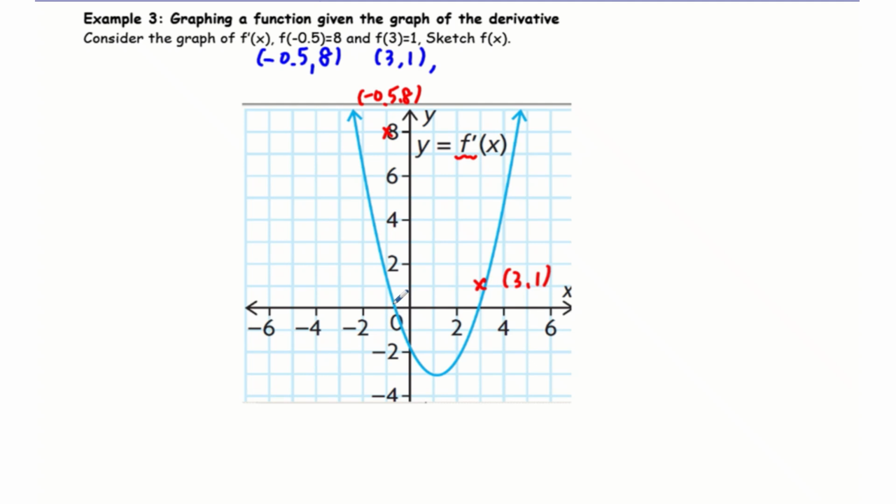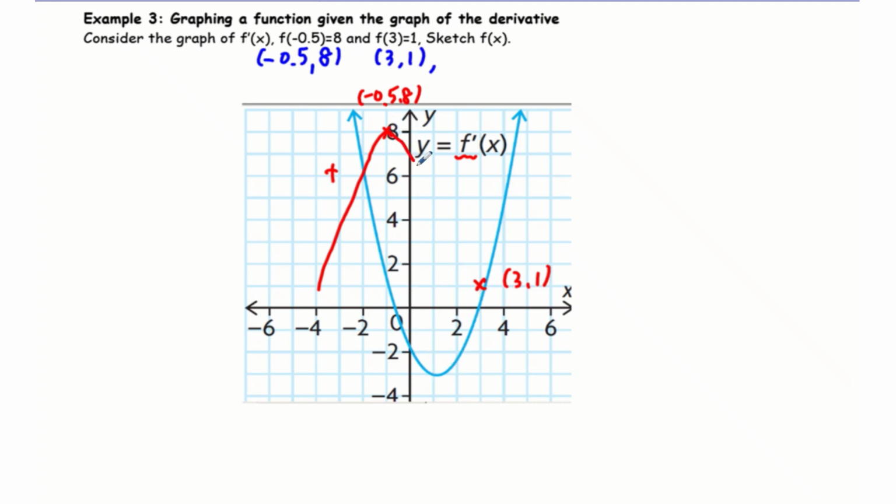Then from here on the left, f prime is positive, so it means it goes up. From here to here is increasing. Left to right is increasing, the slope is positive. And from negative 0.5 to 3, f prime is less than 0, so the slope is negative.